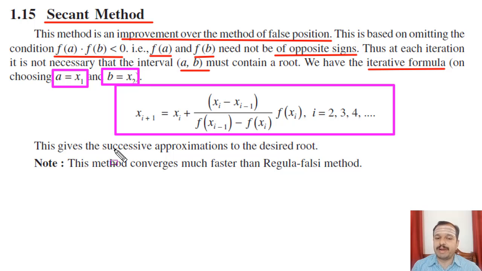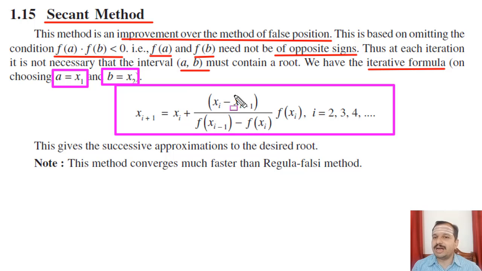Start with those two initial approximations and find x3. x3 is equal to x2, the previous iterated value, plus x2 minus x1 divided by f(x2) minus f(x1), into f(x2). This is the iterative formula.